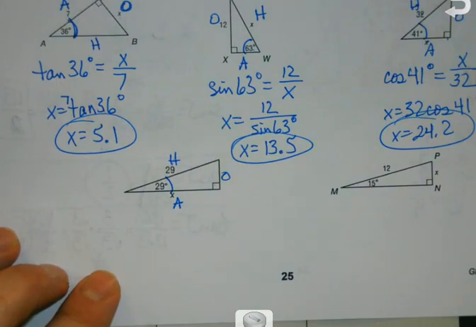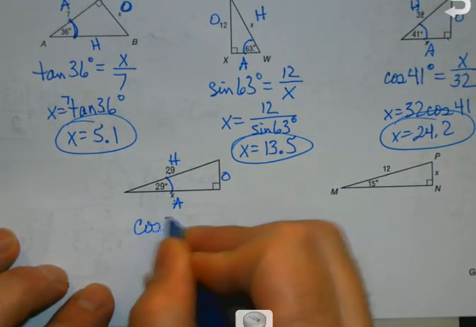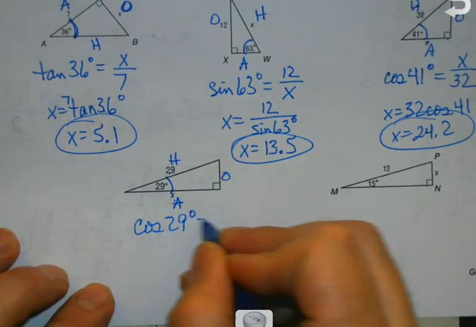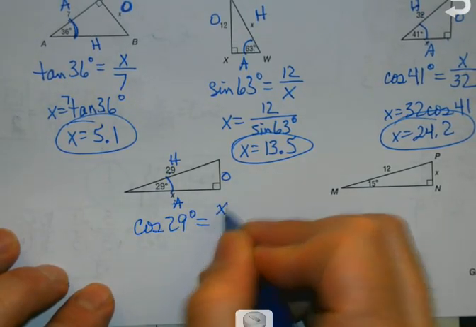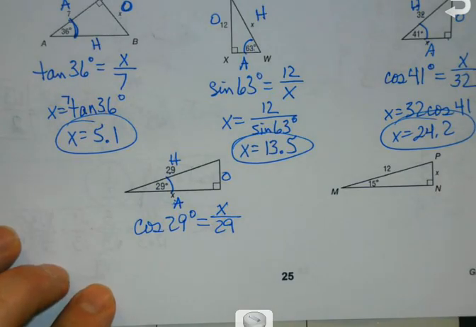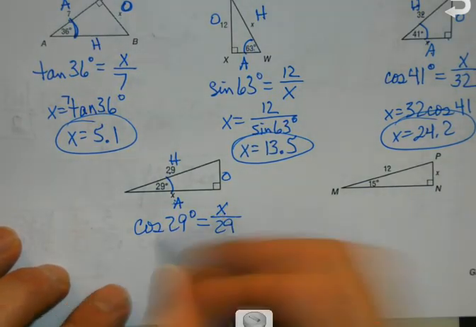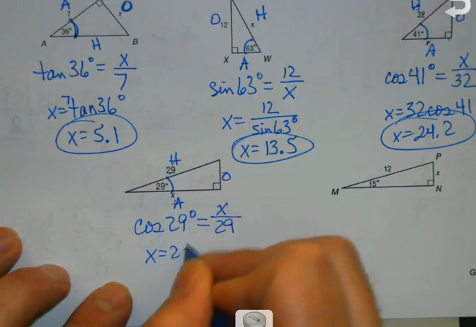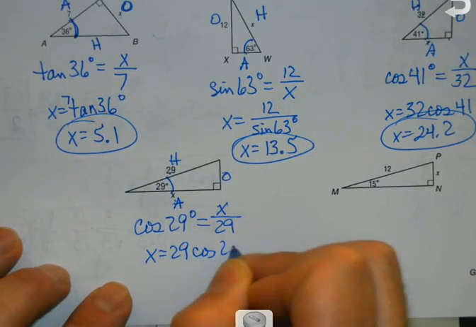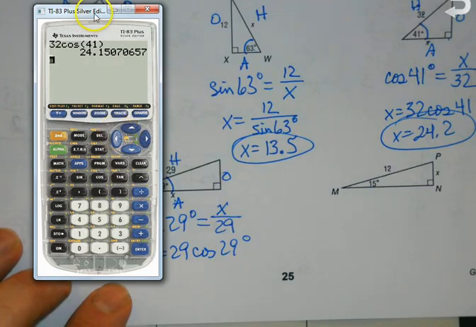Take a look at where you have values, adjacent and hypotenuse, which would be cosine. Adjacent over hypotenuse. X is on top, which means we're going to multiply. And I let the calculator do the work from here.